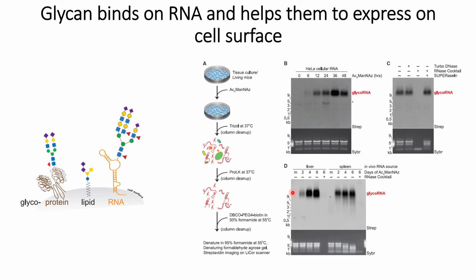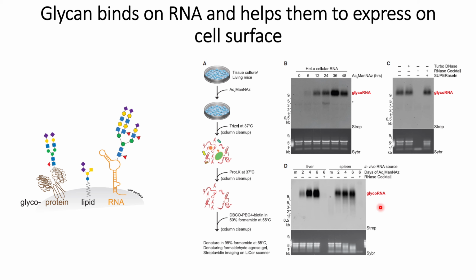And when they did the in vivo experiment in mice, they collected samples from liver and spleen, and they can see the same kind of signal in the in vivo experiment also, that is, the presence of glycoRNA with an increase in time. When they treated the sample with the RNase cocktail, there was no signal, and this happened for both liver and spleen samples.